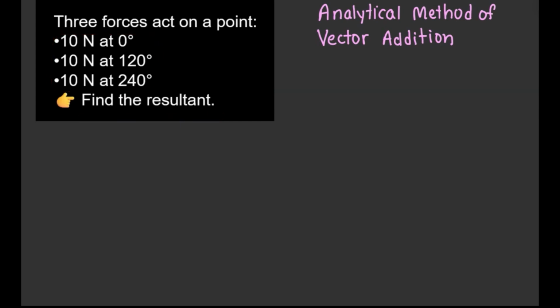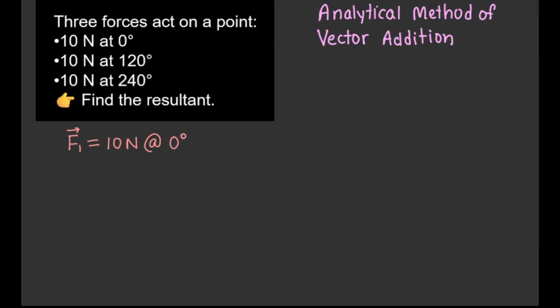Now, since force is a vector quantity, that means to find the resultant force of these three forces, we have to find the vector sum of these three forces. So the three given forces are F1, force 1, it is 10 newtons at 0 degrees.